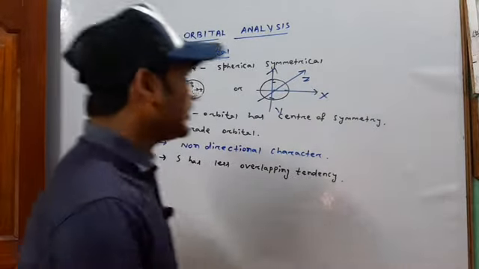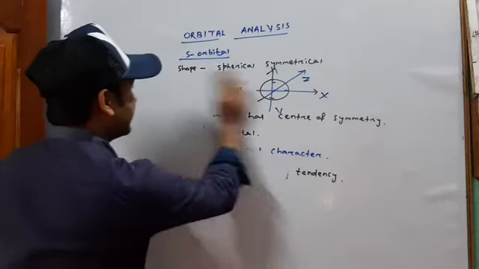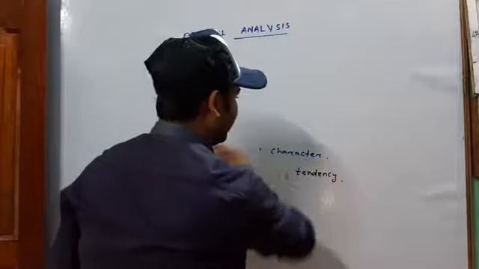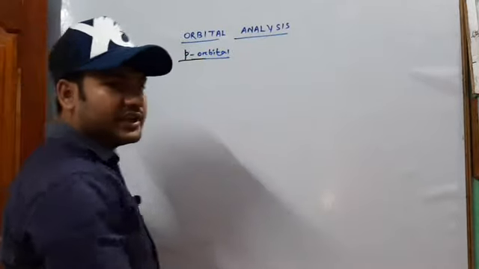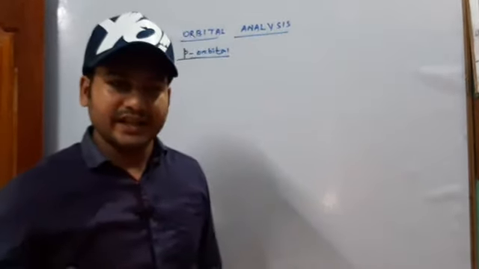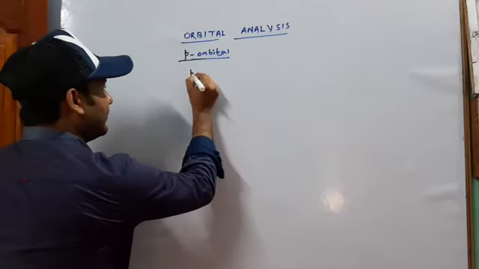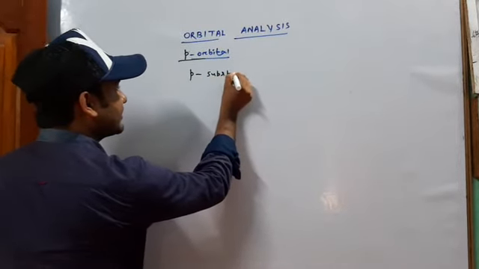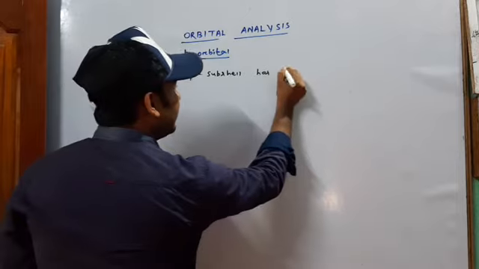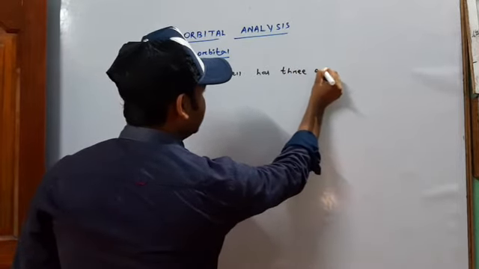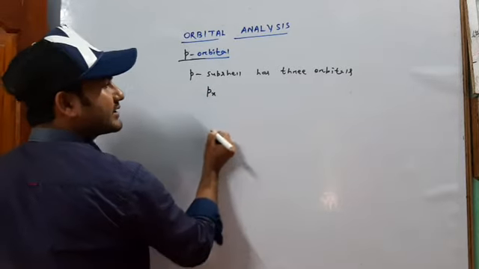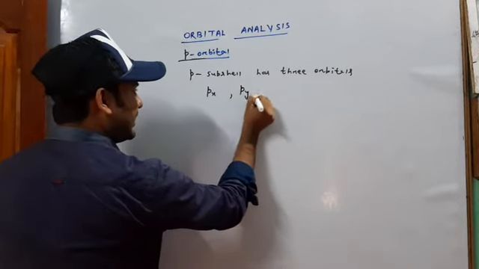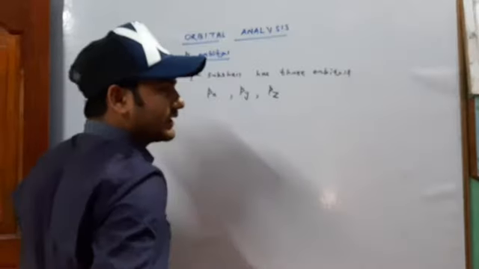Now let us discuss the p orbital. As we know, the p subshell has three orbitals: one is px, another is py, and pz.